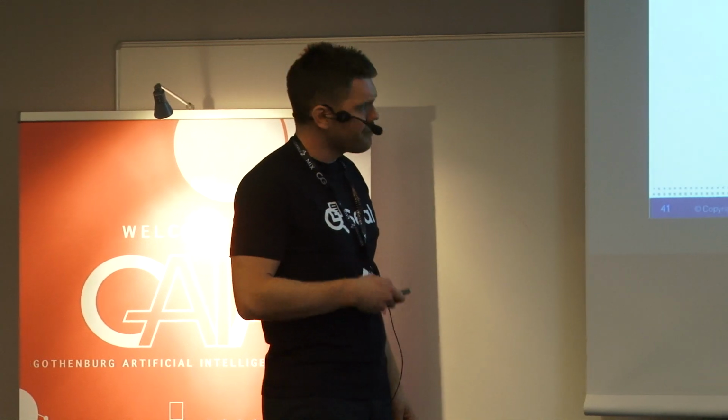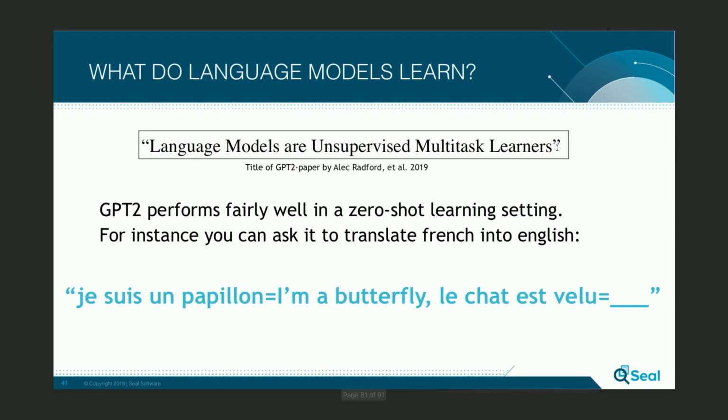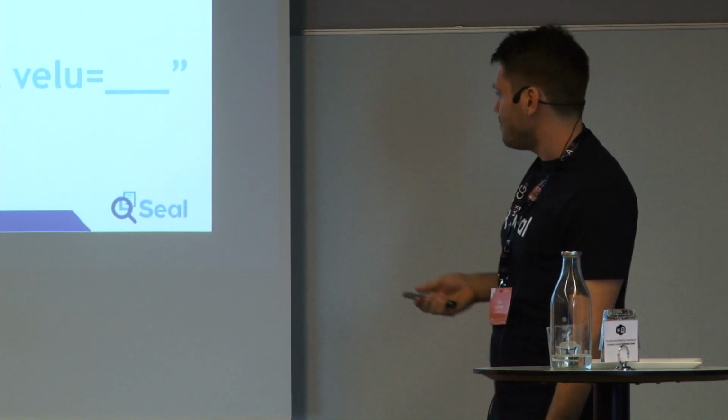So for instance, you could, for some pretty weird reason, ask GPT-2 to translate French into English without having ever trained it on this. The way you do it is like this: "je suis un papillon" equals "I'm a butterfly." "Le chat évolue" equals what? And you just let the language model start generating here, and you will get words.